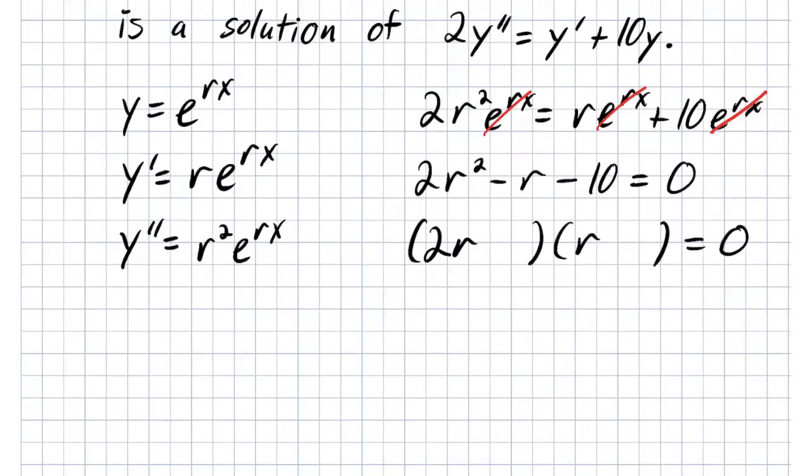We need to find two numbers here which will multiply to be 10, like 2 and 5. I don't know which way they go. And then they have to add to minus 1, but there's this factor of 2 there.